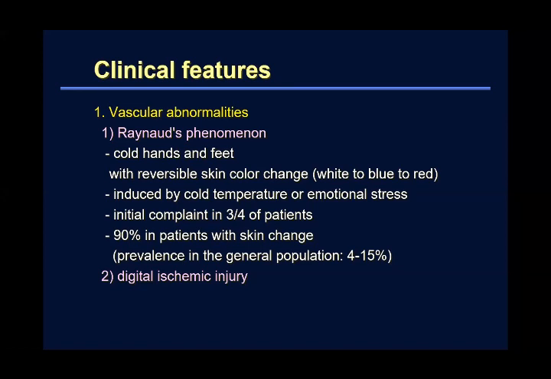Otherwise, the prevalence of Raynaud's is 4 to 15% without CREST syndrome, but usually if the patient has limited disease, they will have CREST syndrome with Raynaud's phenomenon, or systemic disease with Raynaud's phenomenon. Digital ischemic injury can lead to digital pulp atrophy, digital loss, and they can even become necrotic and gangrene can take place. So these patients can have fingertip loss because of recurrent ischemia and loss of pulp.